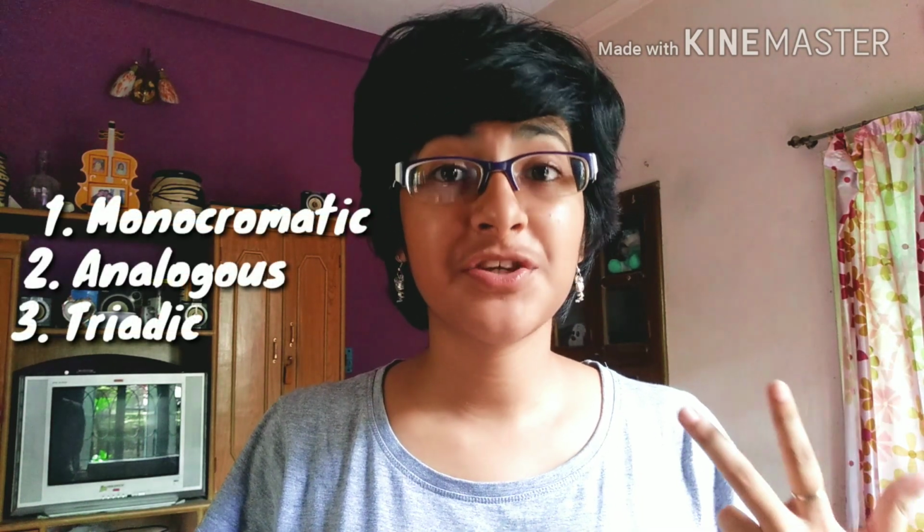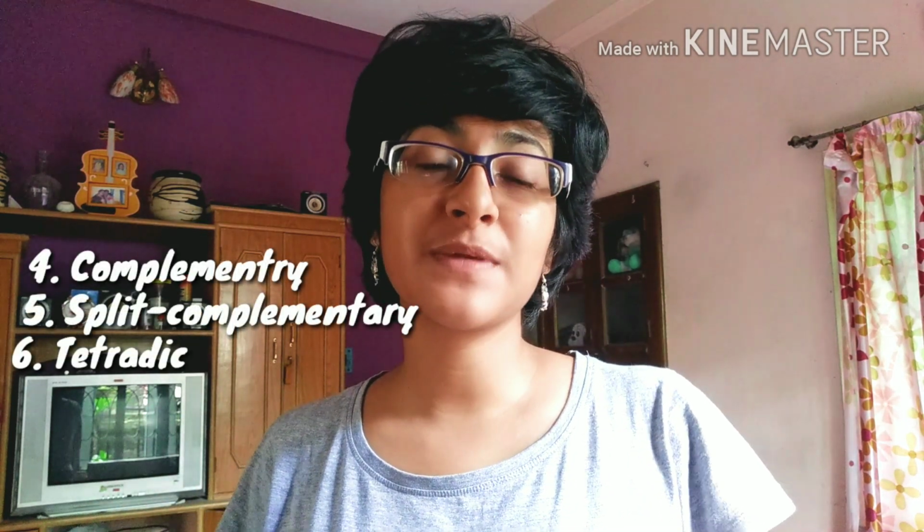There are the basic 6 color schemes that we know of, and I made 2 parts of this video because I didn't want to cover everything in one video. The first video has 3 types of color scheme, that is the monochromatic, analogous, and triadic, and the second one contains the complementary, split complementary, and tetradic. So let's go.